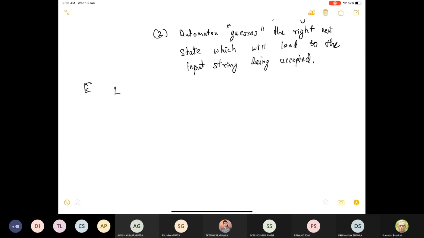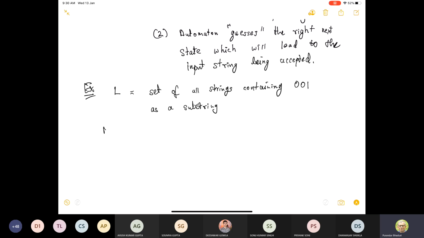L is the set of all strings containing 001 as a substring. And we have seen a DFA for that.